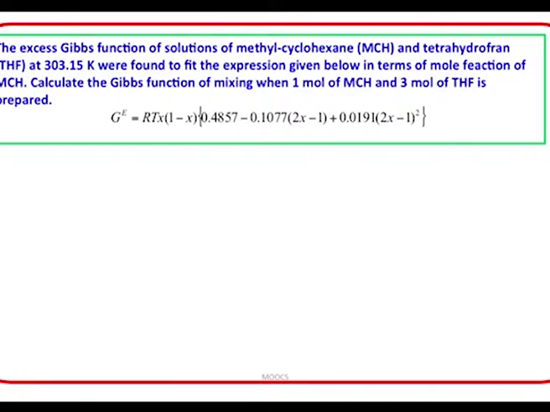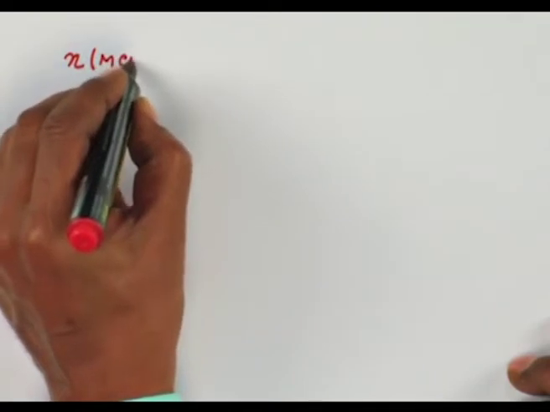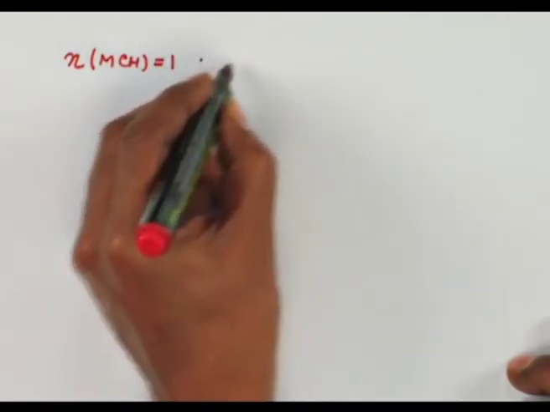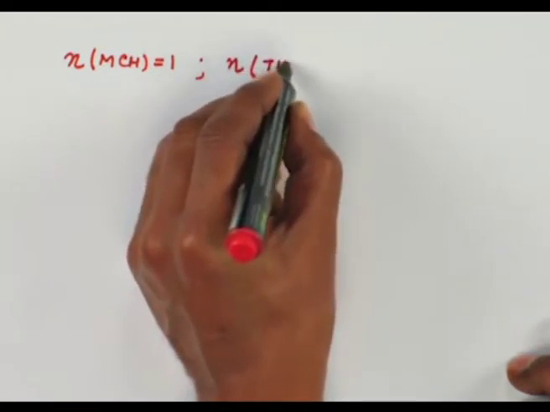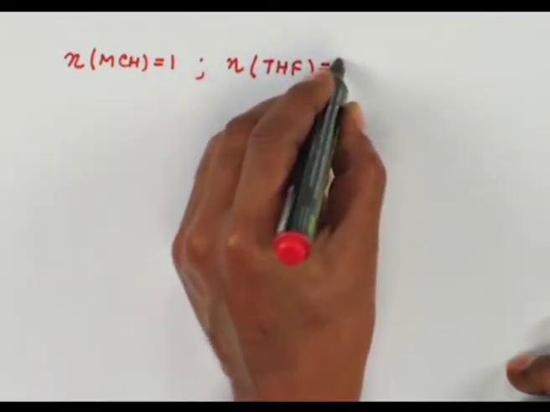So, how to solve this question? If we look at the expression, the first thing that we need to know is the value of mole fraction of MCH. What we have, number of moles of MCH is equal to 1 and number of moles of THF is equal to 3.